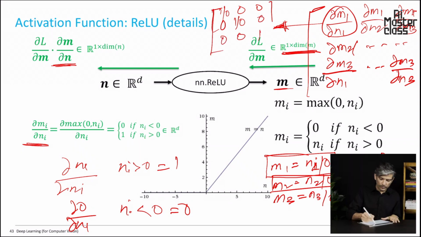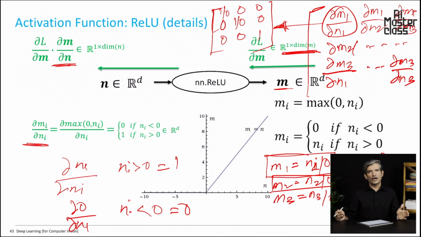So your Jacobian matrix will essentially be an identity matrix if everything is positive, or it will be all zeros except for your diagonal, and your diagonal can also have zeros. It will have ones if your input was positive and thus your output was positive.